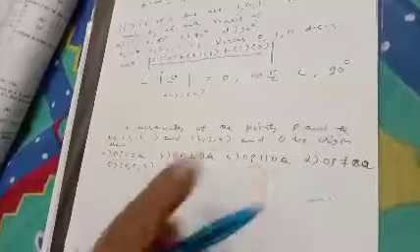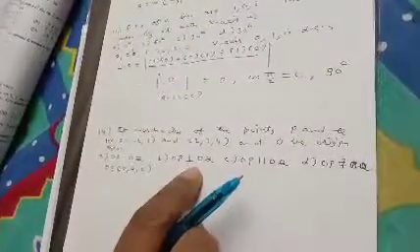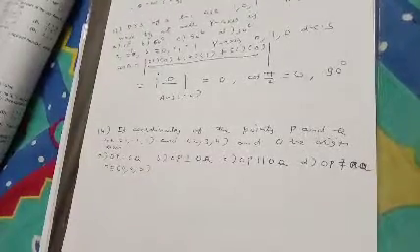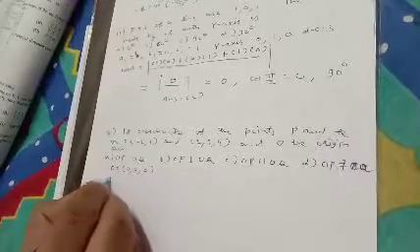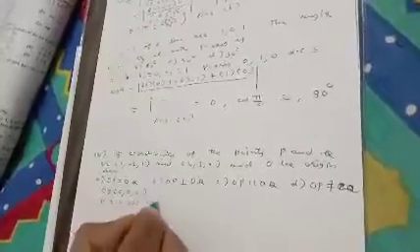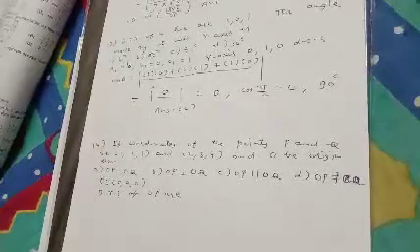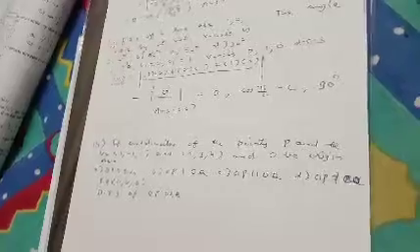And for OP parallel to OQ or OP perpendicular to OQ, we have to find direction ratios. So let us find direction ratios of OP and OQ. If coordinates of 2 points are known, direction ratios are given by the difference between corresponding coordinates.